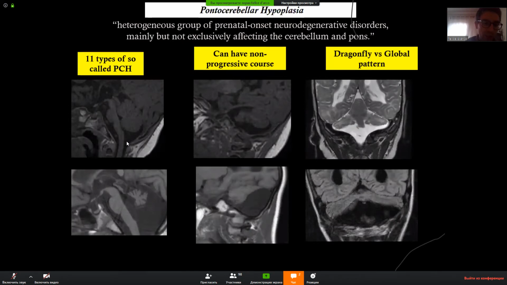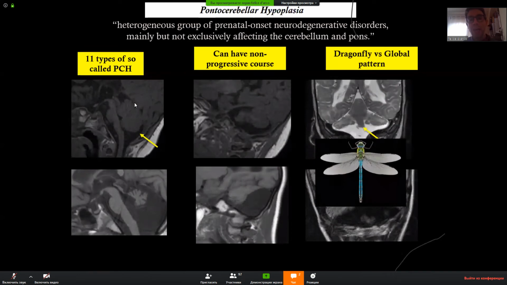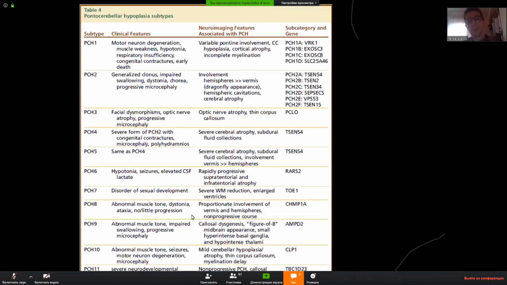You see the difference here in sagittal: a very small atrophic vermis, and a normal vermis in the dragonfly. So this one we call dragonfly, and this is a global cerebellar atrophy.